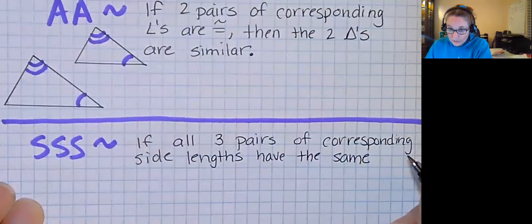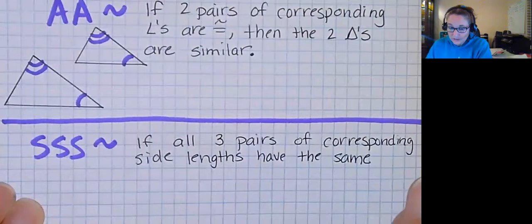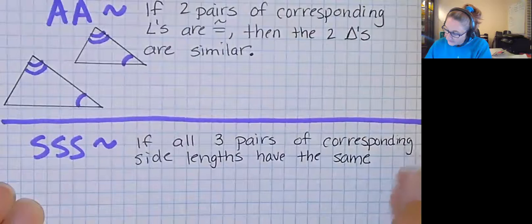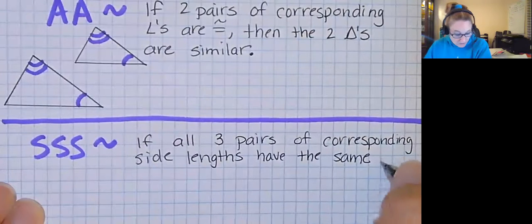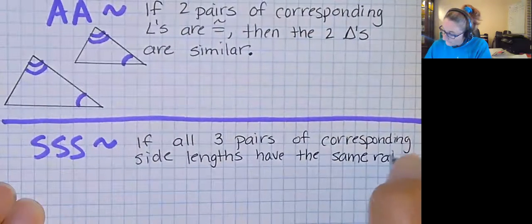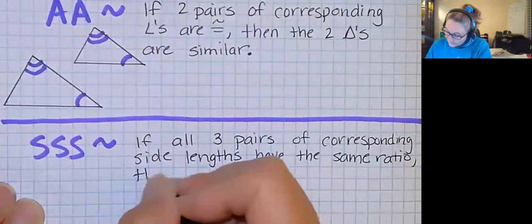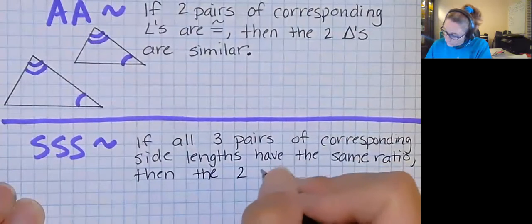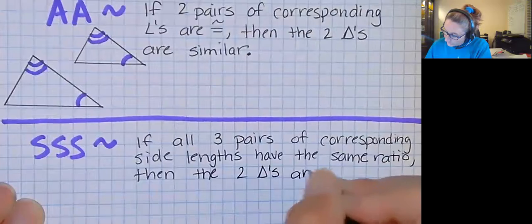Okay, these are similar triangles, so they are not going to be the same. They need to be proportional. Okay, they have to have the same ratio. So if all three pairs of corresponding side lengths have the same ratio, then the two triangles are similar.